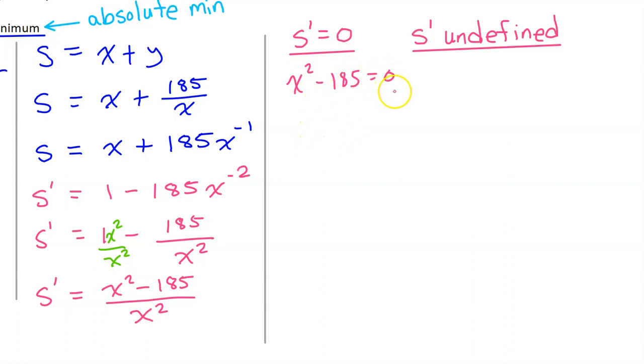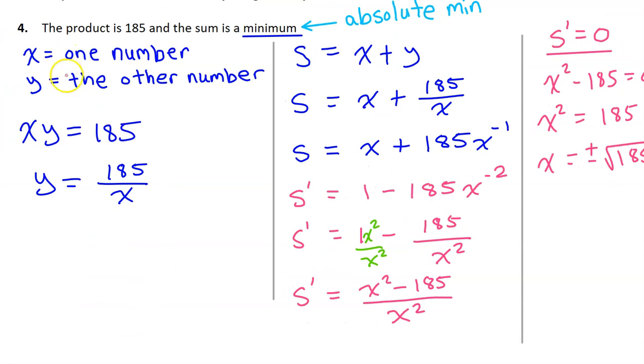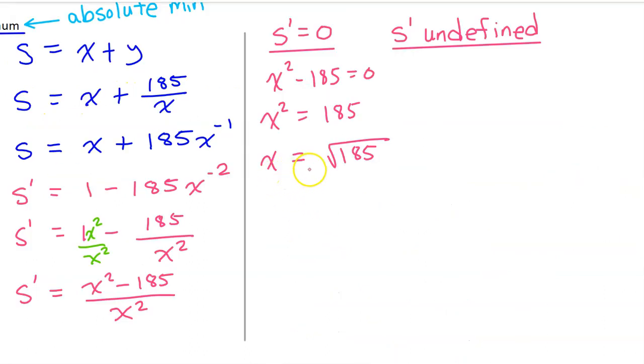Adding 185 to both sides gives us x squared equals 185, and taking the square root of both sides gives us x is equal to, and normally I would say plus or minus the square root of 185. However, we were told in the setup that we are dealing with two positive numbers. So let's just say x equals positive radical 185.